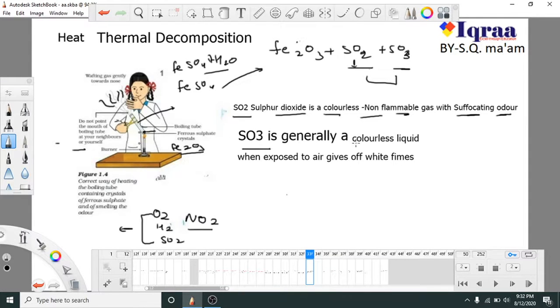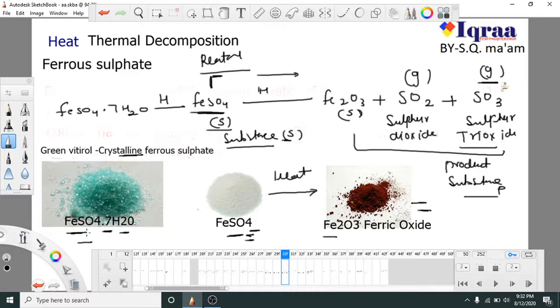And SO3 is generally a colorless liquid, but when exposed to air, it gives off white fumes. So you can find three products after this reaction. The breakdown of FeSO4.7H2O, that is ferrous sulfate hydrated, hemihydrated because water is present inside.